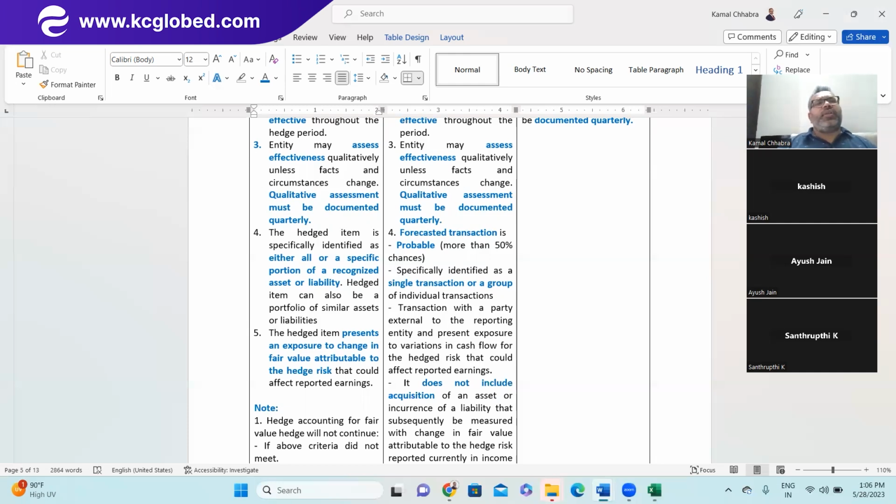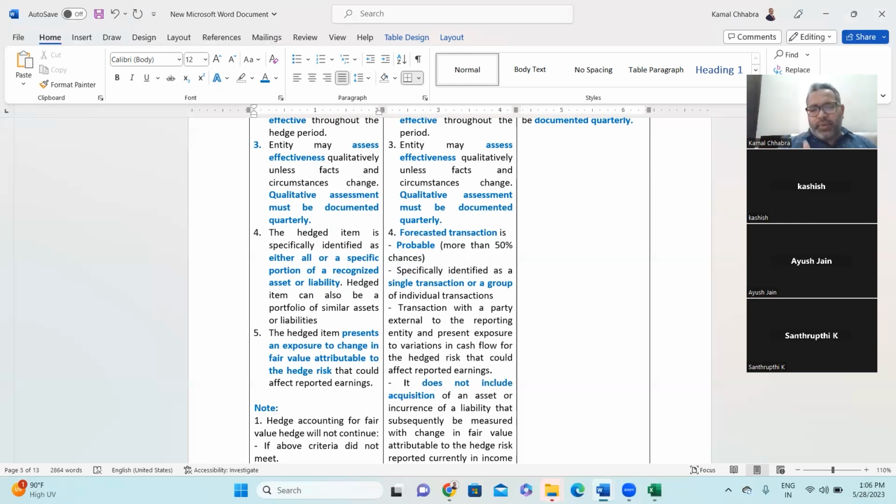For example, you hedge all your inventory, all your accounts receivable, all your investments. There are various categories of investments, loans and inventory that you can hedge. So it can be one particular item or a portfolio of items.